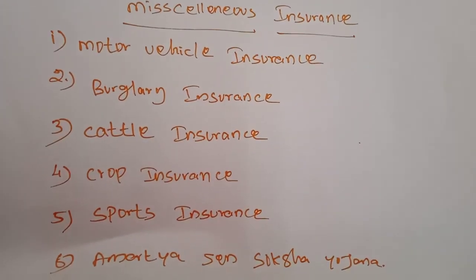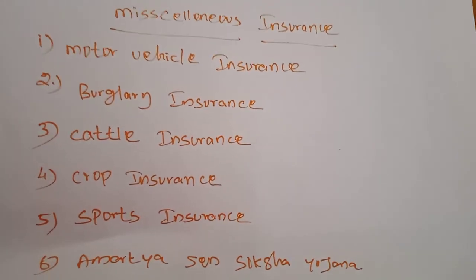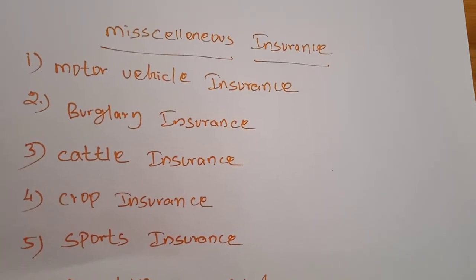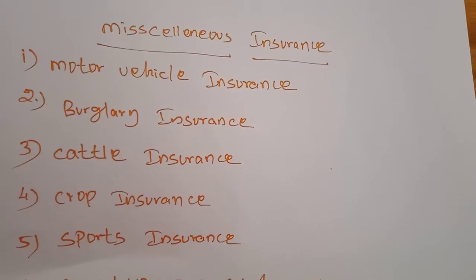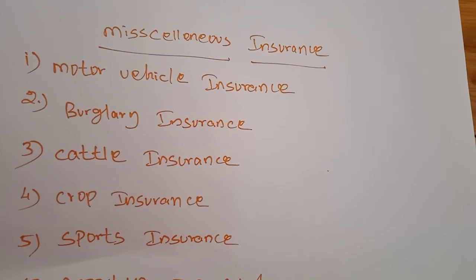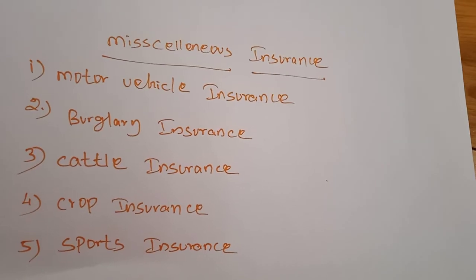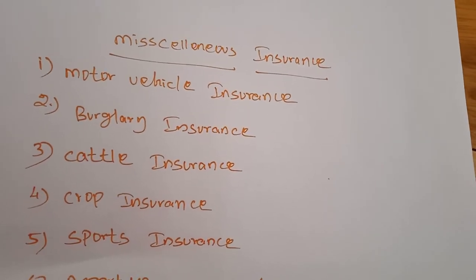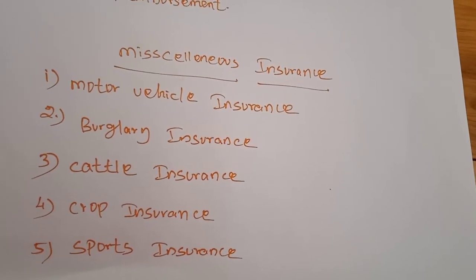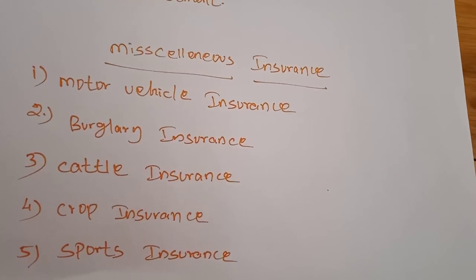Next, the Shiksha Suraksha Yojana. This is one of the policies named by the government. The general insurance company offers to secure the education of dependent children under this policy. If the assured parents or legal guardians suffer any bodily injury resulting solely and directly from an accident due to external, violent, and visible means, and if such injury occurs within 12 calendar months of the occurrence.